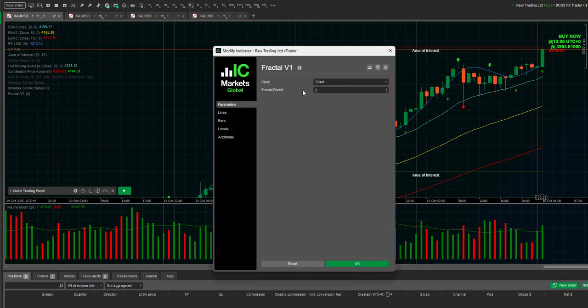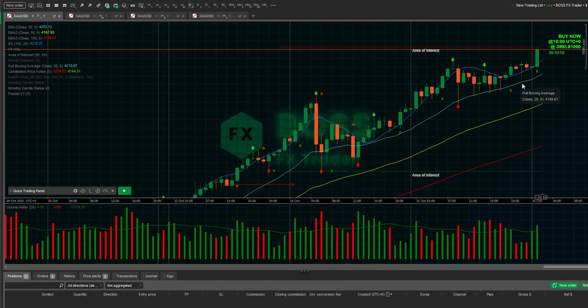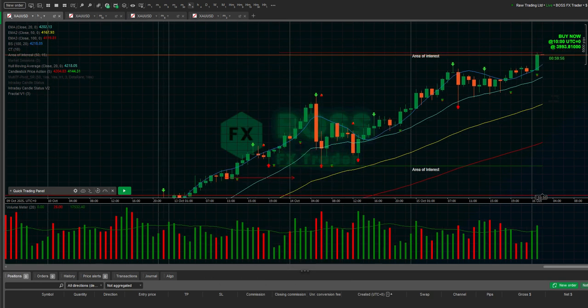The fractal I set is 3 to avoid any choppy signal that will be created under this fractal indicator.